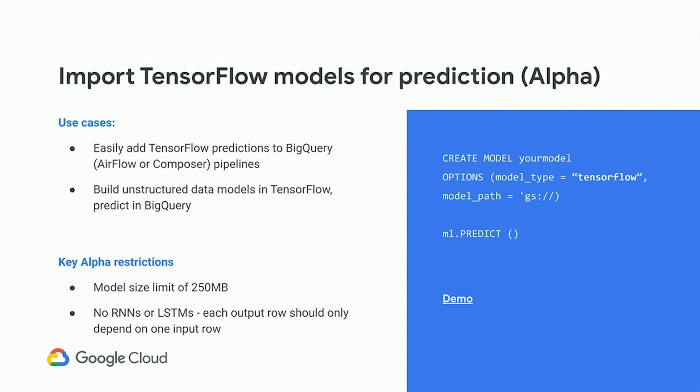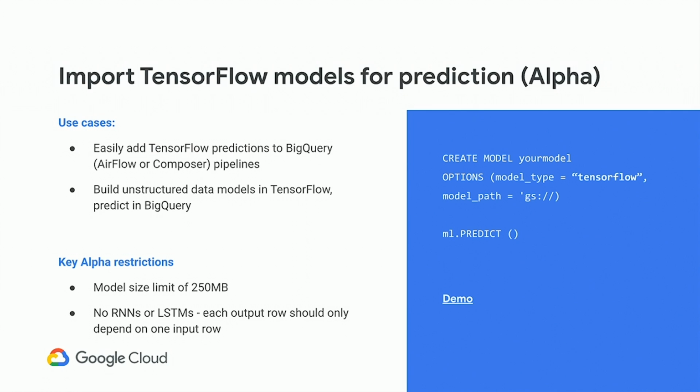Now, the next thing, which is not a new model, is what if you have data scientists building TensorFlow models outside? These could be for text, images, or just nonlinear models for structured data, but your production pipelines are through BigQuery, say using Composer or Airflow. You can now use CREATE MODEL to have the model picked up from GCS and deploy in BigQuery and use it for predictions using the same PREDICT syntax.